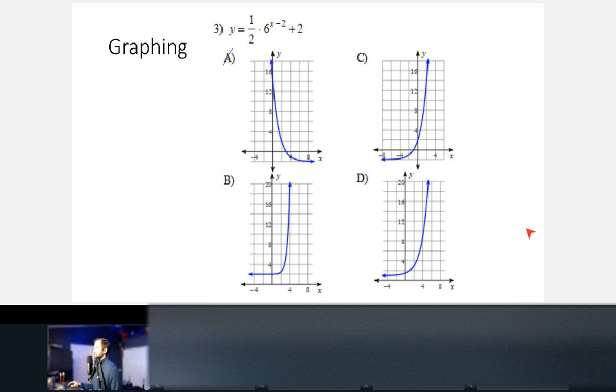So maybe we should use a different characteristic of this equation. Anybody have an idea of what might be used in this case? What's something really easy to use other than the y-intercept?